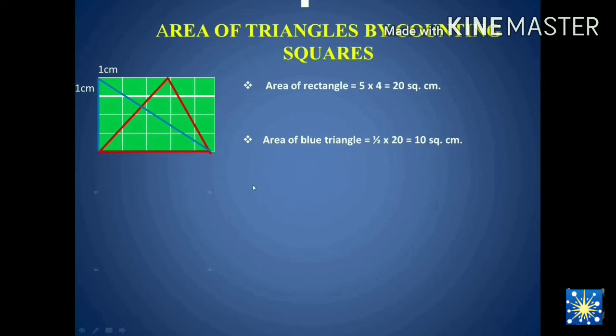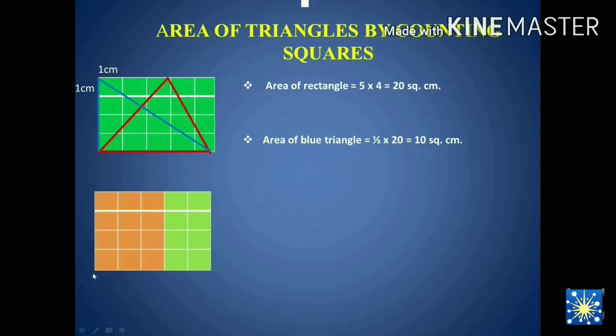Now we take this rectangle to find out the area of red triangle. So first we divide this rectangle into two rectangles, orange rectangle and green rectangle. This is also having 1 square as 1 square centimeter. Now draw lines according to the triangle given.